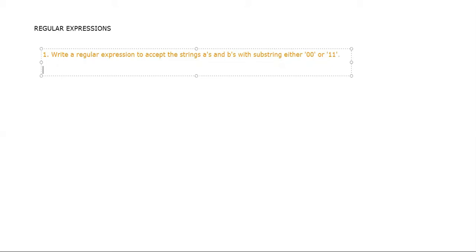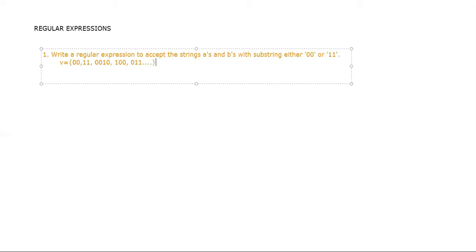If you observe clearly, this says you need a regular expression which would have strings with 00 or 11 as a substring. So some of the strings accepted would be 00, 11, 0010, 100, 011, something like this.